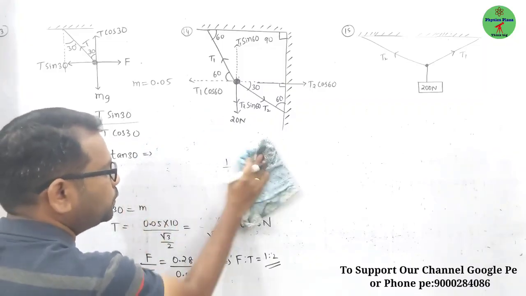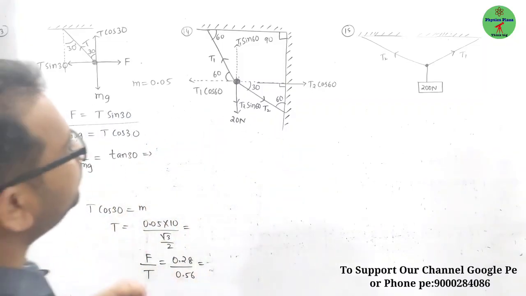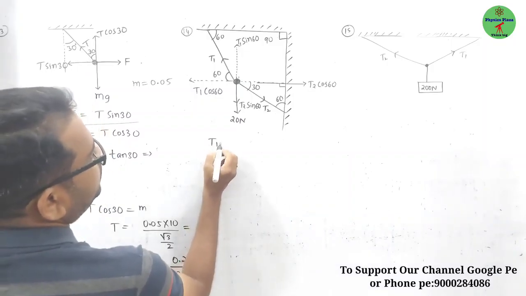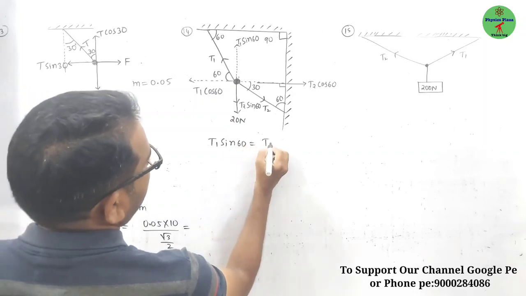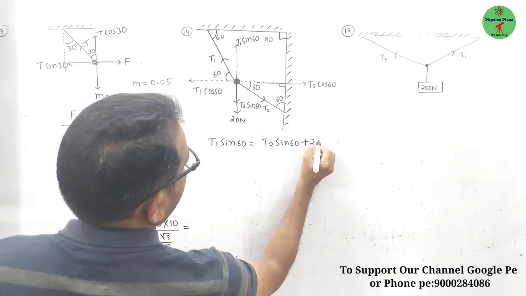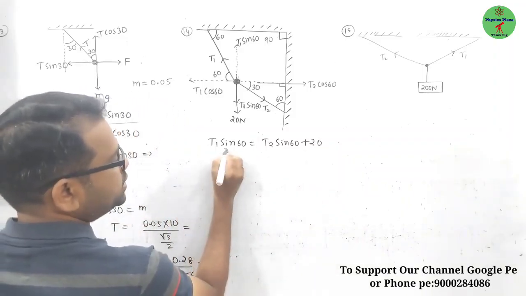Now look here. In equilibrium, children, T1 sin 60 is equal to T2 sin 60 plus 20 Newton. So let us try to find this. Sin 60 is root 3 by 2, right?